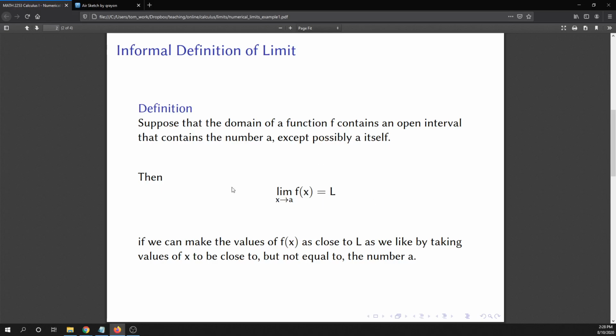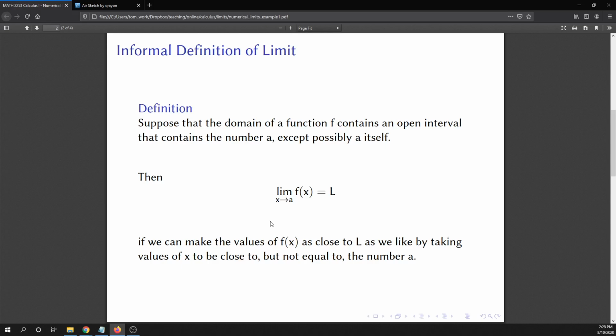All right, so the informal definition says, suppose I have a function f and its domain contains an open interval around the number a, except possibly a itself. So the function has to be defined near the number a, but not necessarily at a itself.